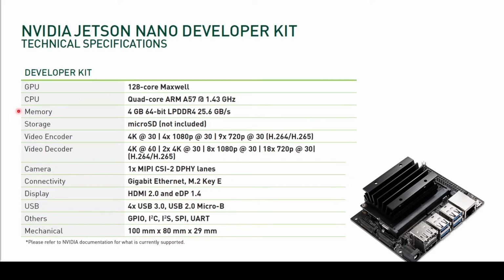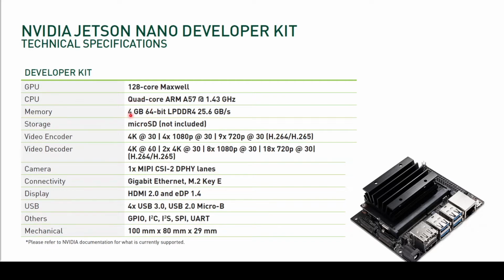So this is the feature technical specification of the Jetson Nano developer kit. The one that I'm showing here is the 4 GB RAM memory type.